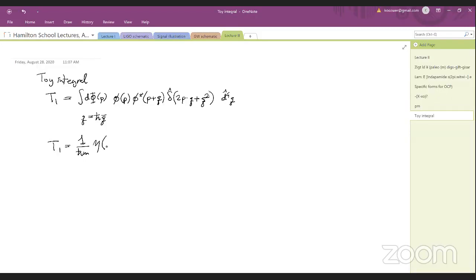There's an eta of q bar p, which I'll tell you in a minute what that function is. Actually, let's leave this aside for the moment. So let's get rid of that. And let's just focus on the p integral.